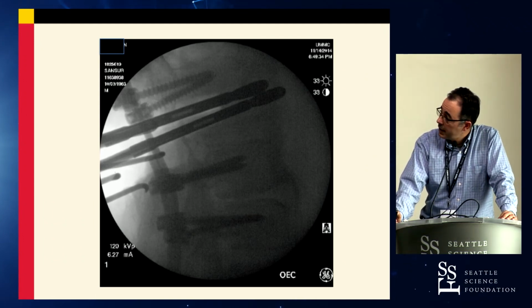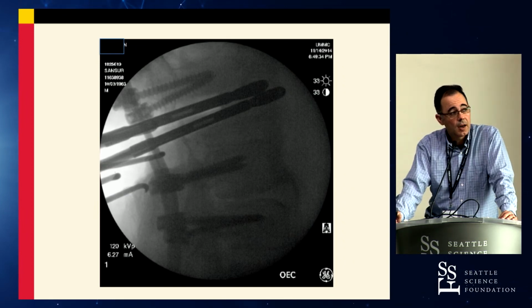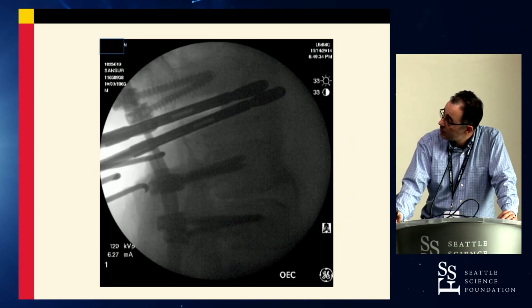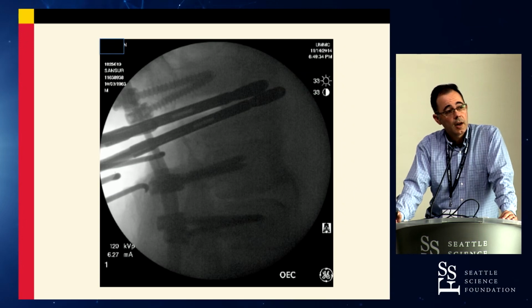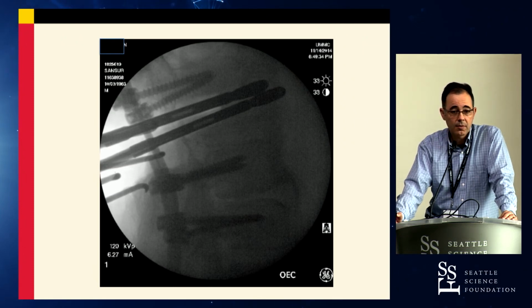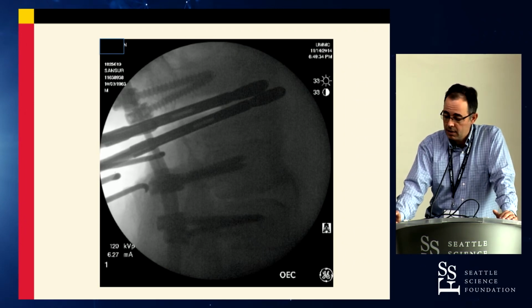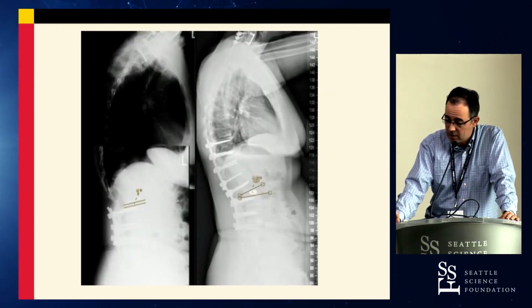So depicted over here are bilateral dilators that are placed in a very ventral fashion, almost to the point where you're pushing the ALL forward or even almost penetrating the ALL to further mobilize and enhance the amount of dynamic stretching that you can get from that process.